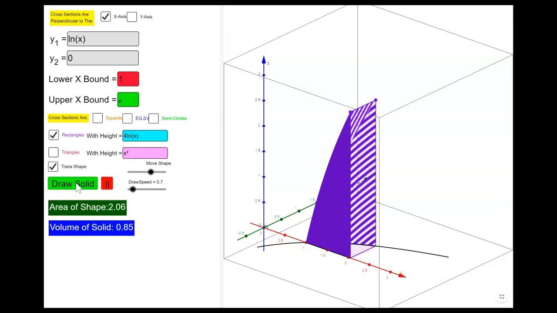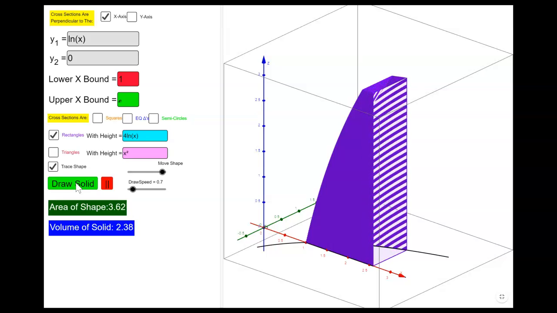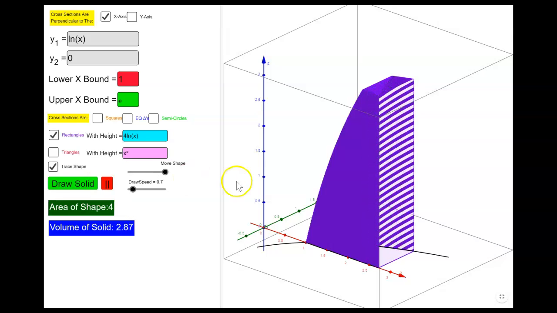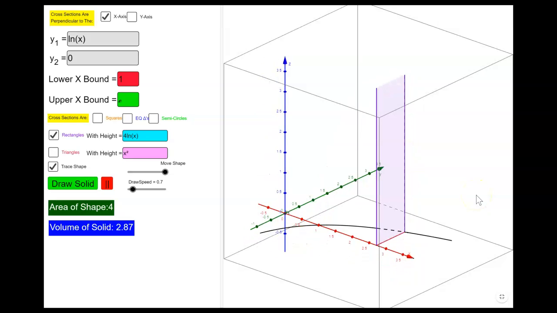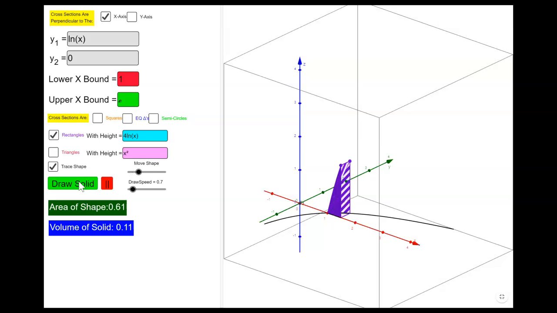It's going to keep on growing. I might have to zoom out a little bit. Yep, not seeing the top part of that, so let's zoom out just a little bit so we can see. There we go. Perfect. Let's draw that shape again. Let's see what we remember.